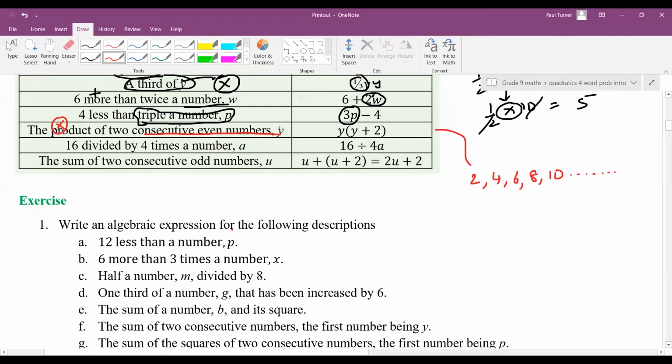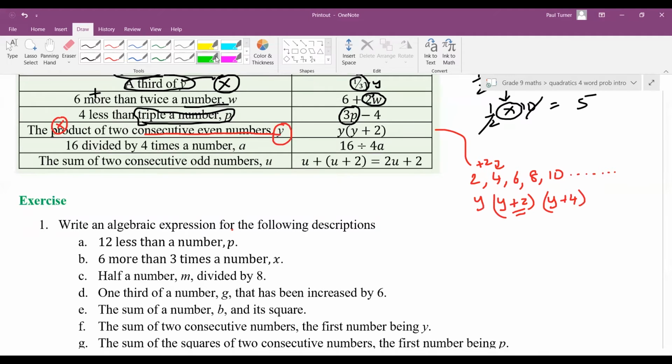If your first number is y, so we'll take the first number to be y, okay? The next number must be y plus 2. So 2 plus 2 gives 4, doesn't it? So if the first number is y, to get the next even number, we add 2 to that. And if you want the next one, it would be y plus 4 and so on.